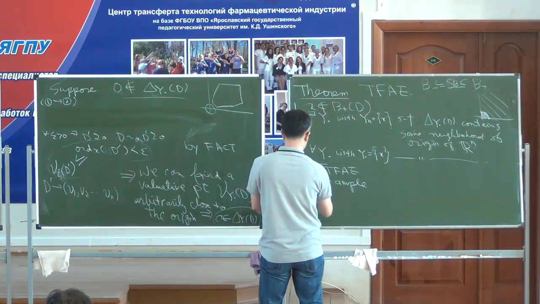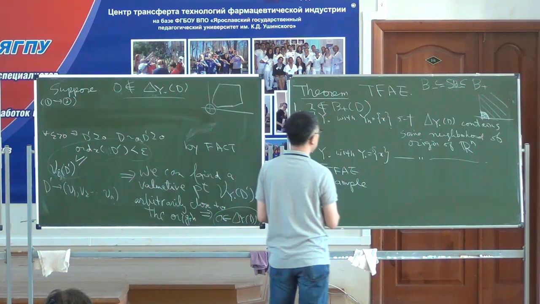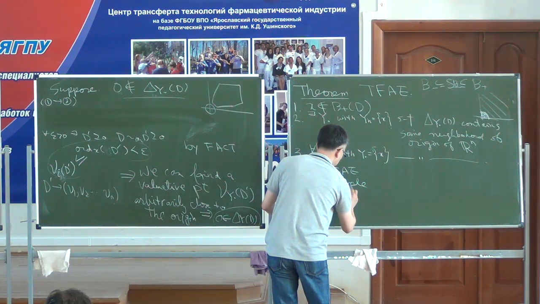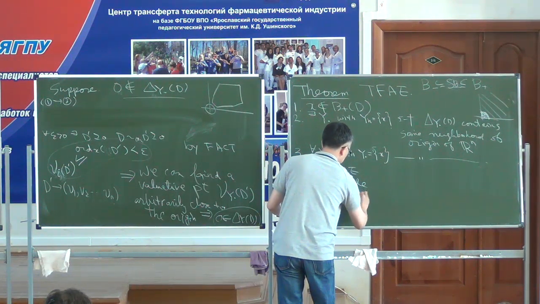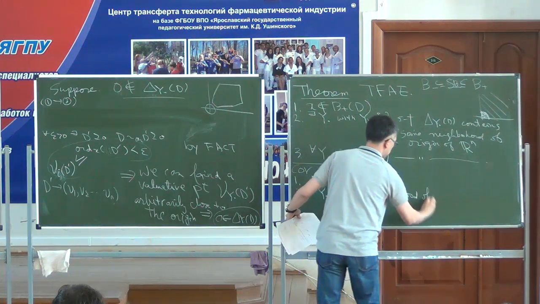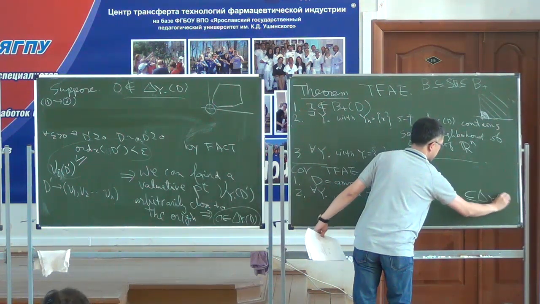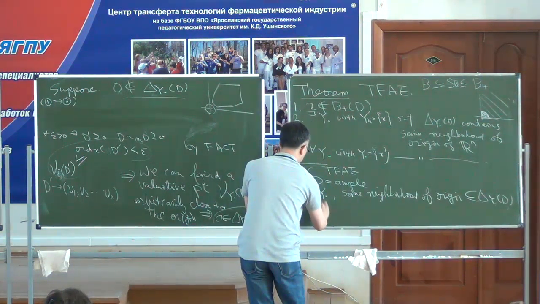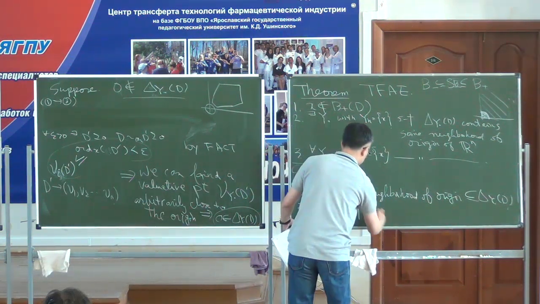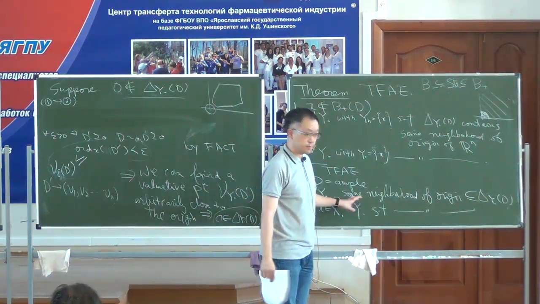Two, for any flag, some neighborhood of the origin is contained in this. And 3, for any point in X, there is a flag Y such that some neighborhood of the origin is contained. Okay.